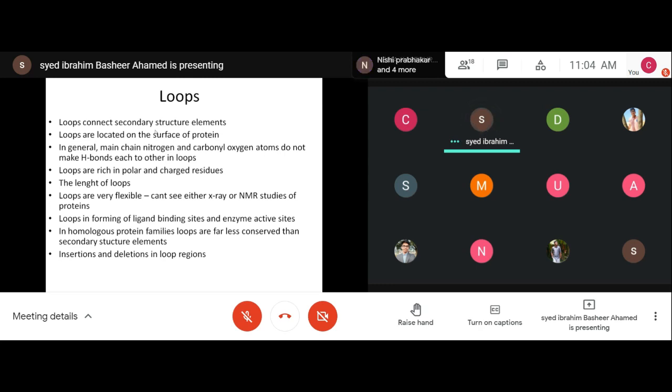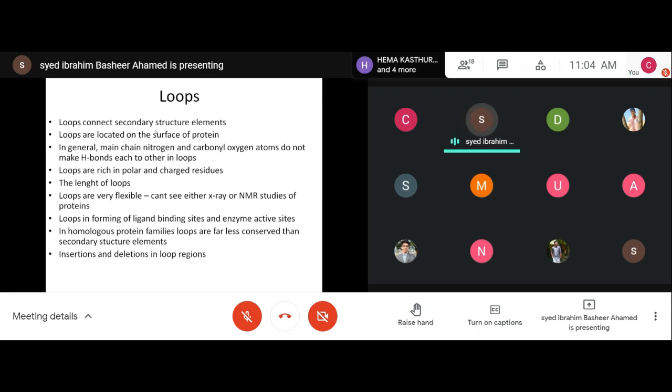It is very difficult to capture the image of the loop region because loops are highly flexible. They are in dynamic motion. So even in an X-ray structure, it's very difficult to find the proper arrangement of the loop region.